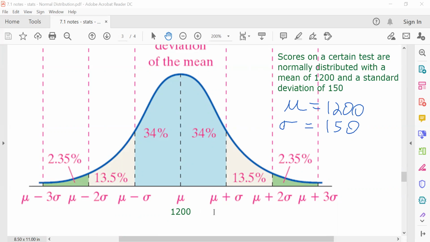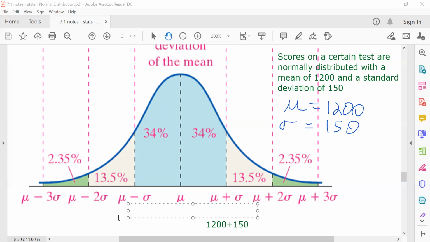Now, next up, mu plus sigma, this would be 1200 plus 150. That's 1 standard deviation above the mean, which comes out to 1350. So here, this value, 1350, is 1 standard deviation above the mean.